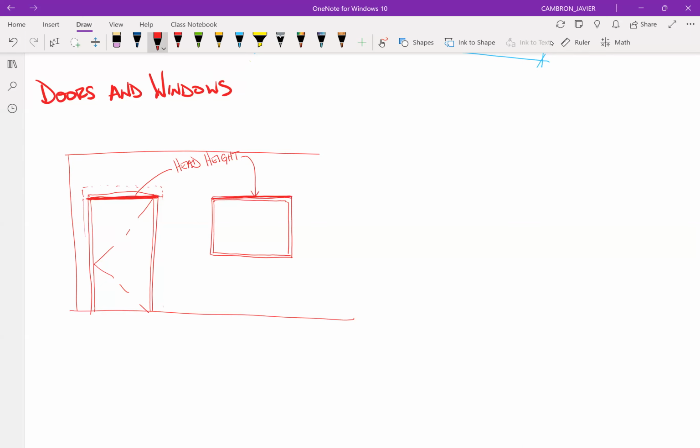Now, generally speaking, and this is more on the construction side, your head height is all the same throughout the entire project. So if we wanted to add another door in the future, typically you put the door so that the top, the header, lines up.